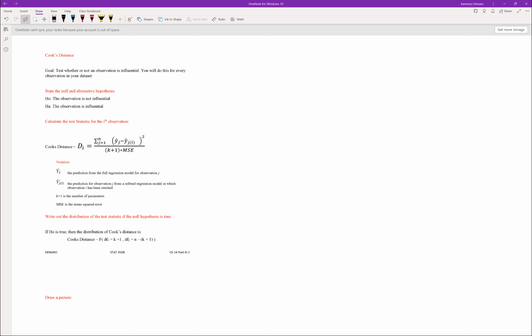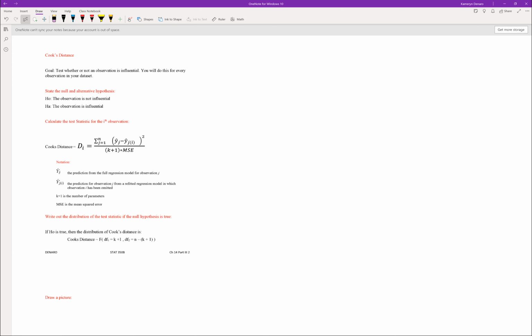So the test statistic for the ith observation is going to be, what is your prediction with the data point in the model versus the prediction without the data point in the model? So when you see that y hat j with those parentheses of i, that is the prediction of the jth observation from a refitted regression model in which the observation i has been omitted from the analysis, okay?